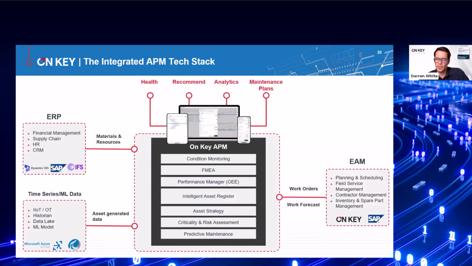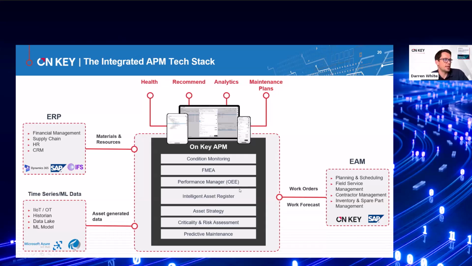Okay, then what does this look like in terms of our architecture? Let me start at the top. The outcome of an APM solution is that it should give you an indication of the health of your asset, the recommendation in terms of your maintenance strategy, the analytics required to gain insights, and lastly, a view of your maintenance plans for your assets.